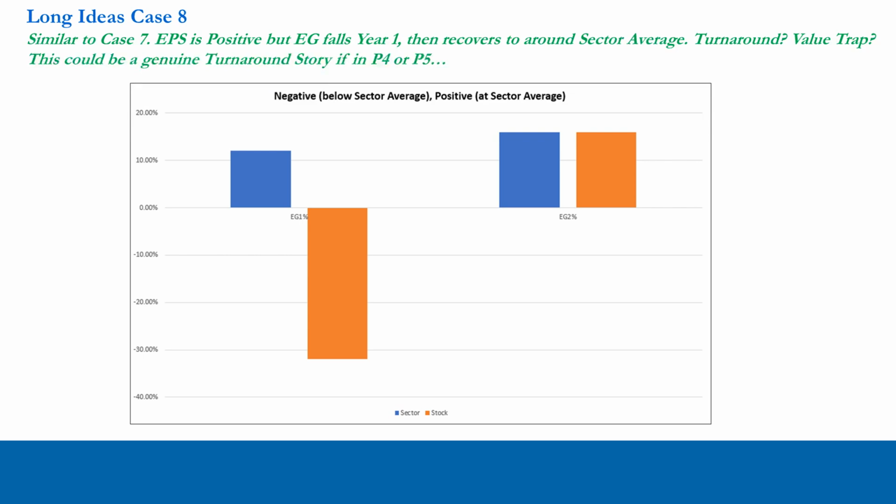But remember, with case 7 and case 8, there is a backdrop of positive EPS. So we have to make sure that if we're looking for turnaround stories, that we actually get the opportunity here to make potentially big returns.